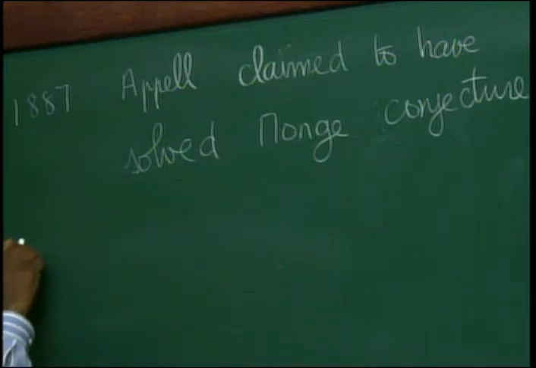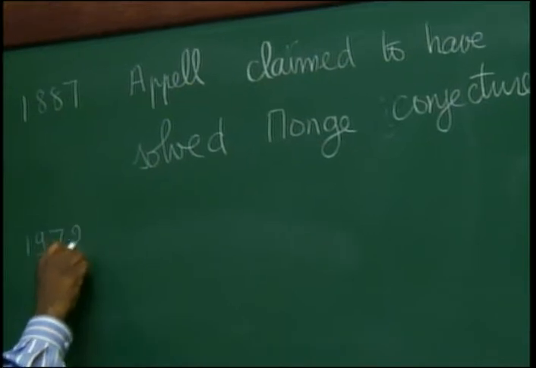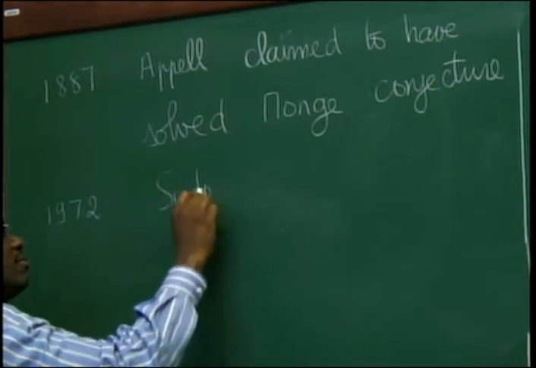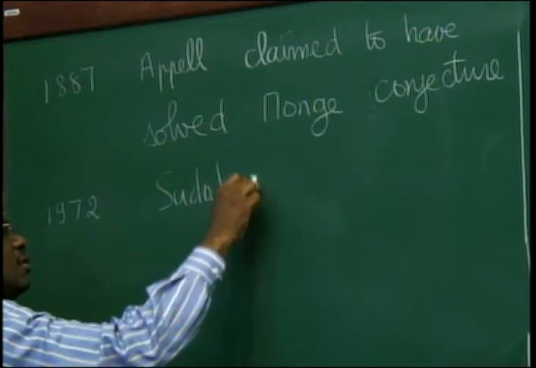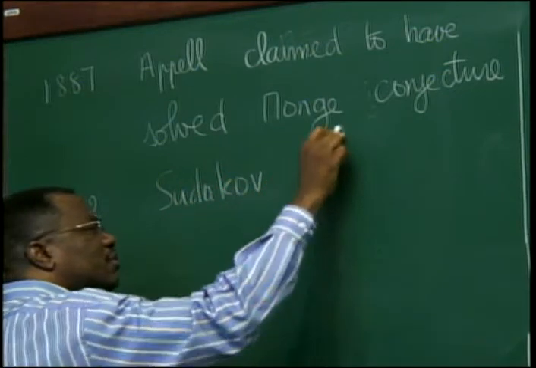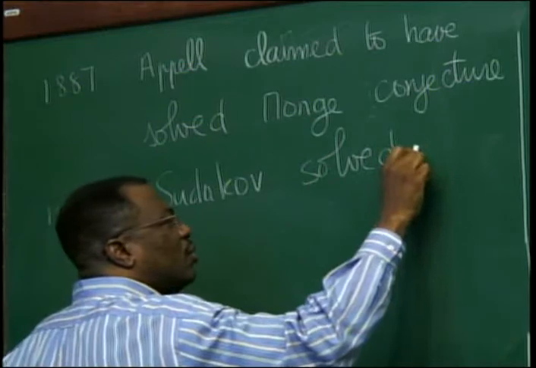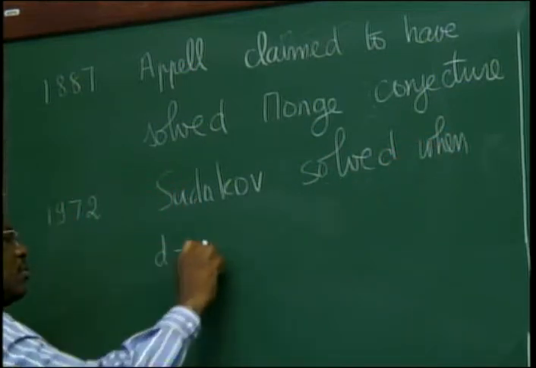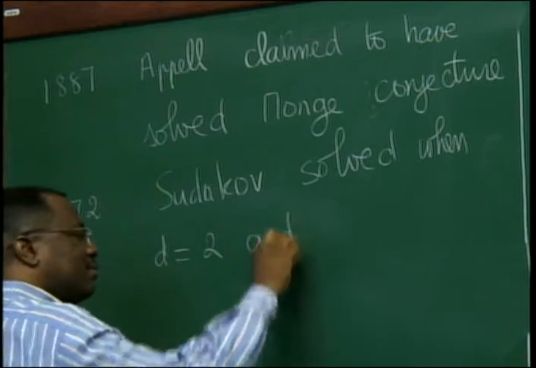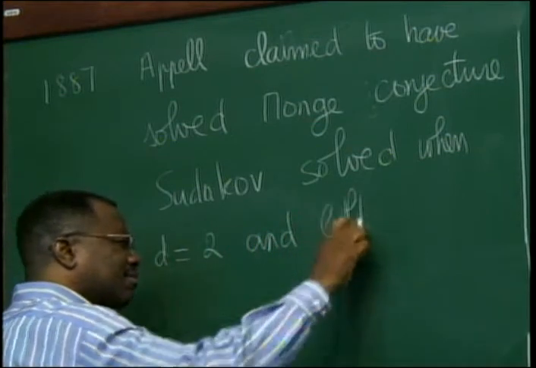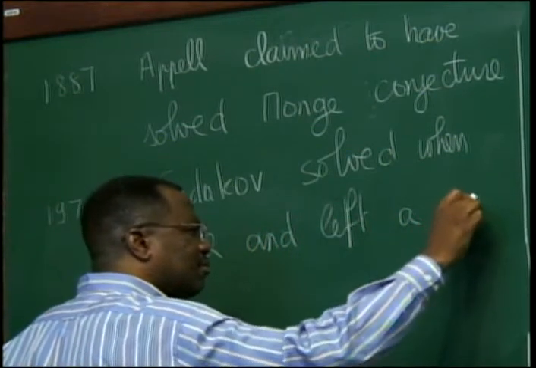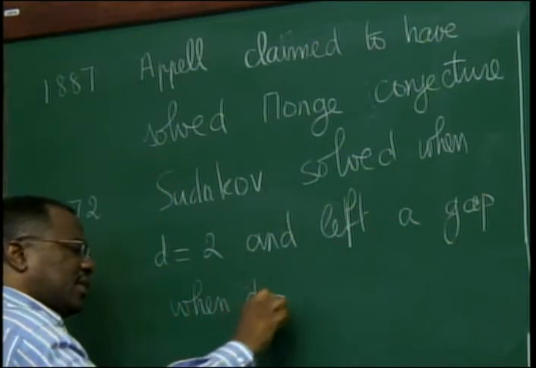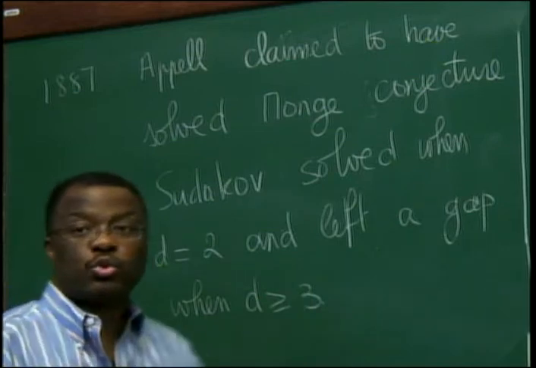So, one needs to wait until 1972, when Sudakov solved the problem when d equals 2 and left a gap when d is greater than or equal to 3.